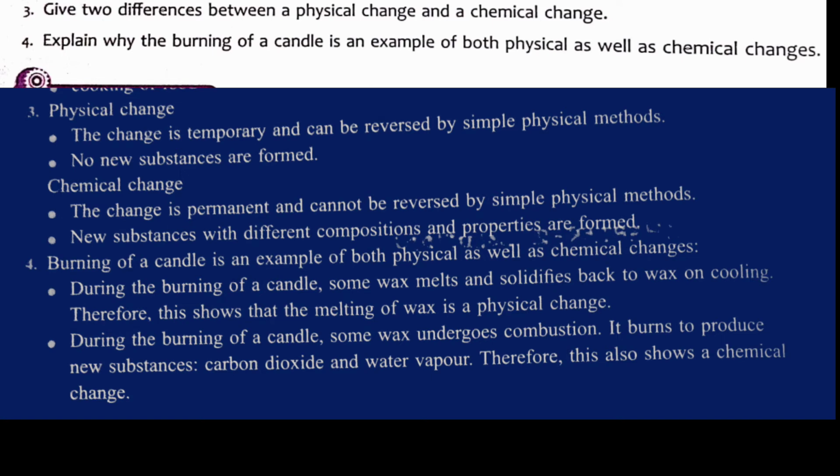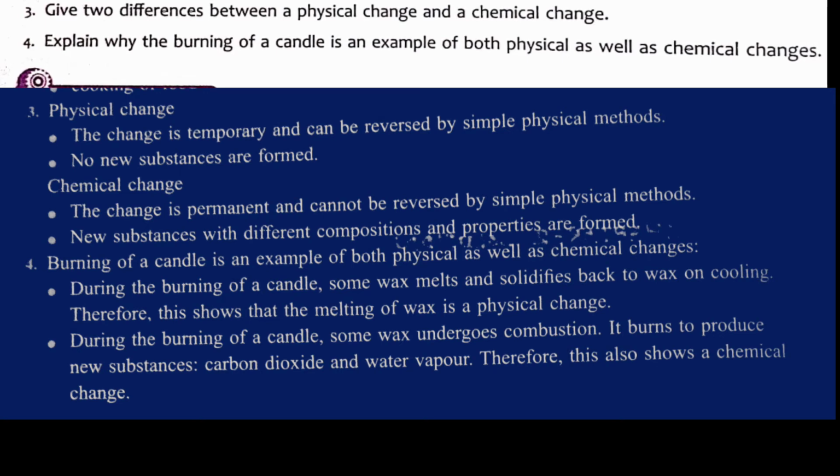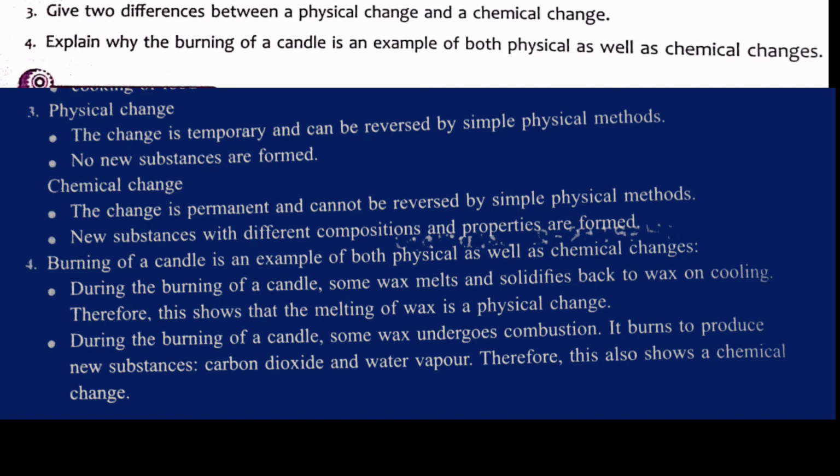Then question number 4, explain why the burning of a candle is an example of physical as well as chemical changes. Answer is, burning of a candle is an example of both physical as well as chemical change, because during the burning of candles some wax melts and solidifies back to wax on cooling.